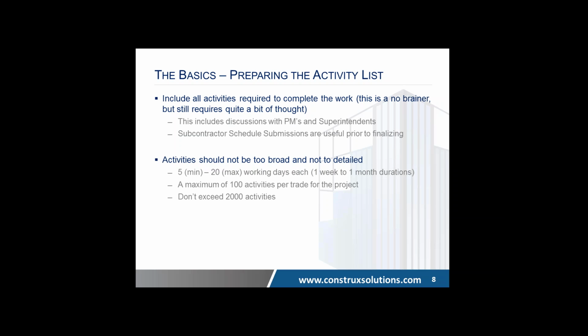And it wasn't even for that large of a project, and I couldn't believe the effort that had gone into creating and managing that schedule, because what I saw is it was so complicated that the people in the field didn't want to even pay attention to it, nor could they even access it because they didn't have Primavera, so it was almost an academic drill that was getting updated and taking a lot of time to update. So I think that you don't want to exceed 2,000 activities. Now, there are cases where you need to, big mega projects, but do your best, in my opinion, to keep those activities at a minimum.